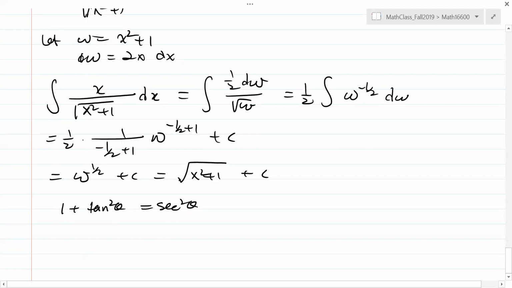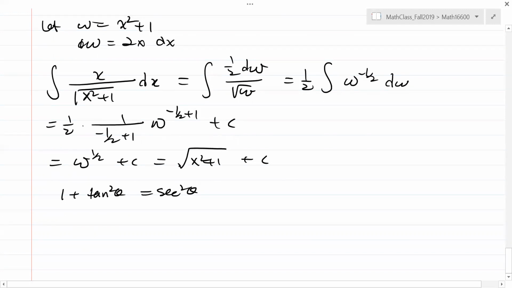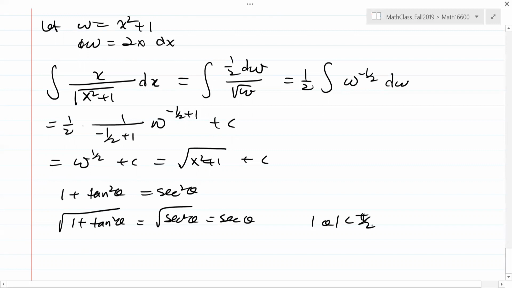So the square root of secant square theta is going to be secant theta if theta is between negative pi over 2 and positive pi over 2. Okay, so you can get rid of the radical using this formula.